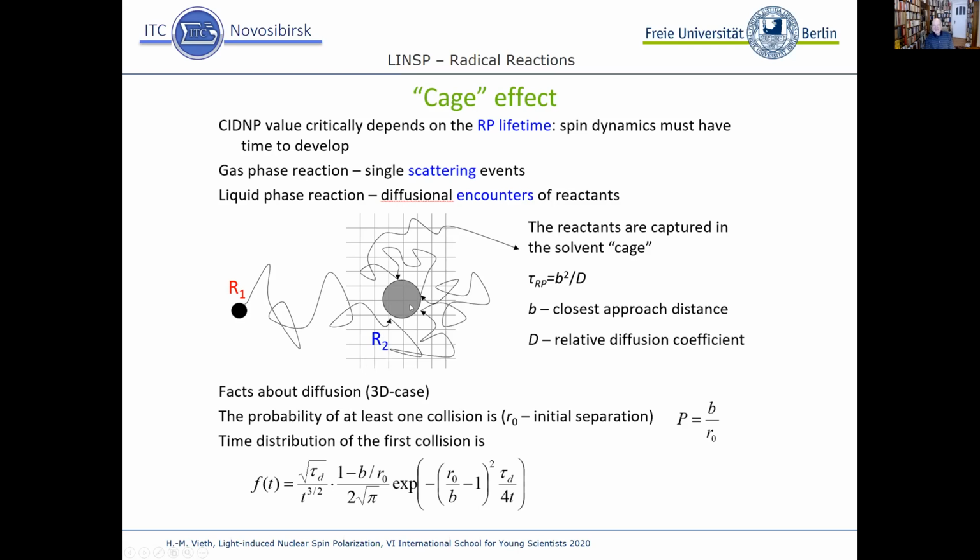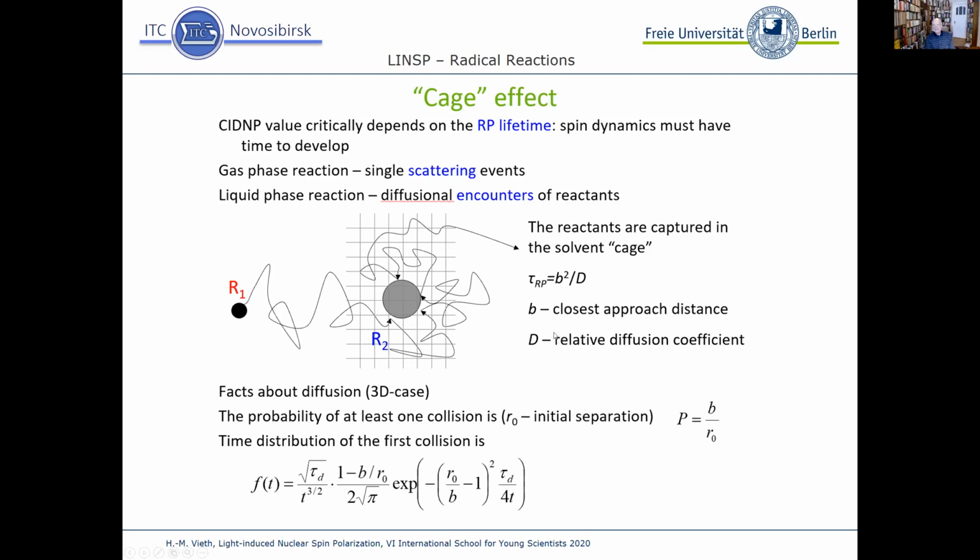This is fairly often the case in the very beginning, when they are still in what's called the solvent cage. That's another word for the probability that they don't escape from each other.